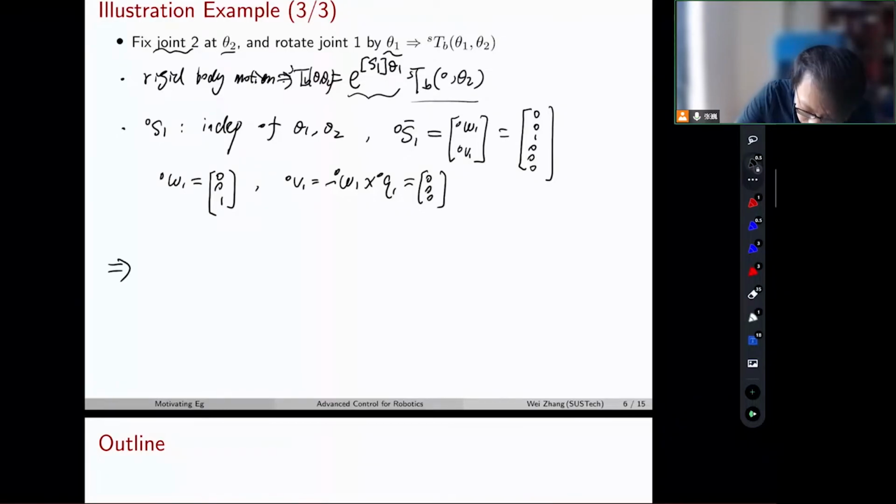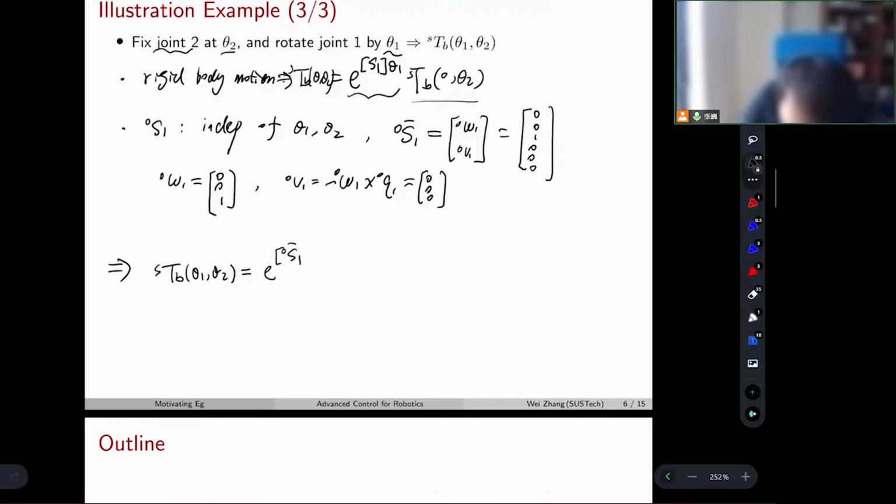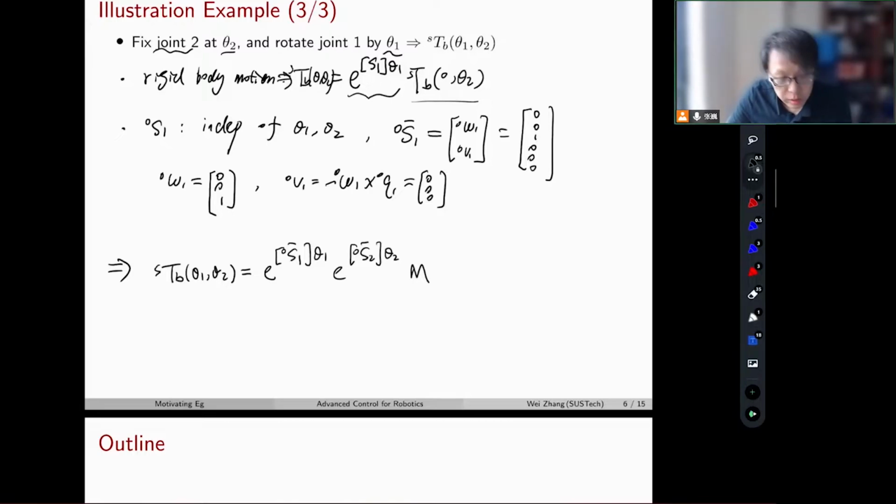Plugging in the previous step, T_B(theta 1, theta 2) equals exponential of S1 bar theta 1 times exponential of S2 bar theta 2 times M, because I keep using the same notation. Any questions?